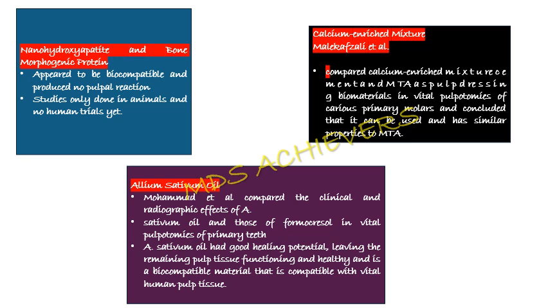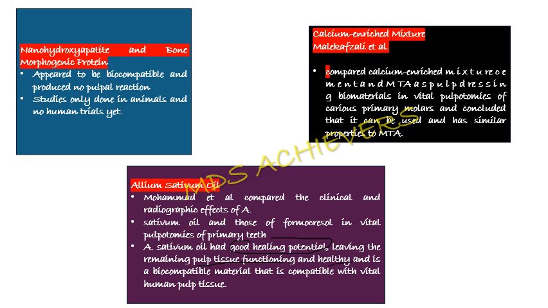Whereas for Allium sativum oil, Mohammed et al. compared the clinical and radiographic effects of Allium sativum and those of formocresol in vital pulpotomy in primary teeth. And they discovered that good healing potential was present, leaving the remaining pulpal tissue functioning and healthy.